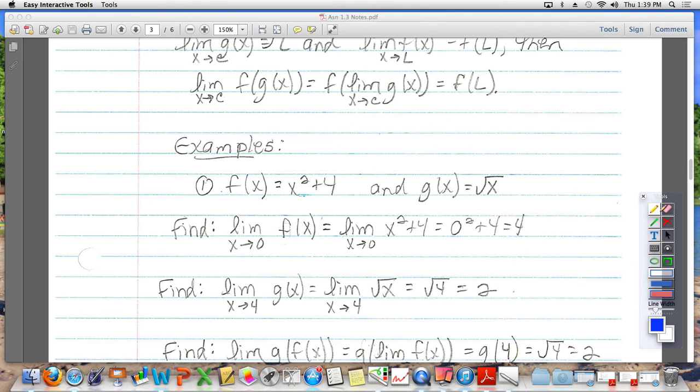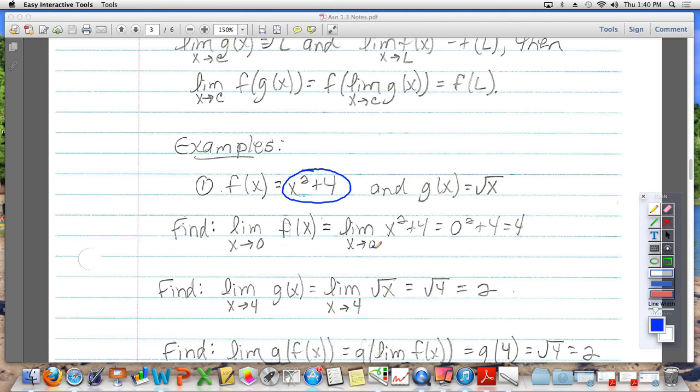Now, if I asked you to calculate for me the limit of f of x as x approaches 0, because f of x is a polynomial, a continuous graph, all you would need to do is plug this value into the function.